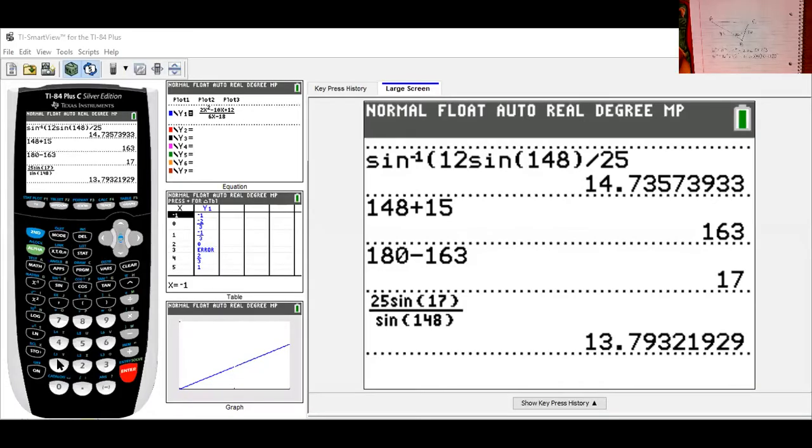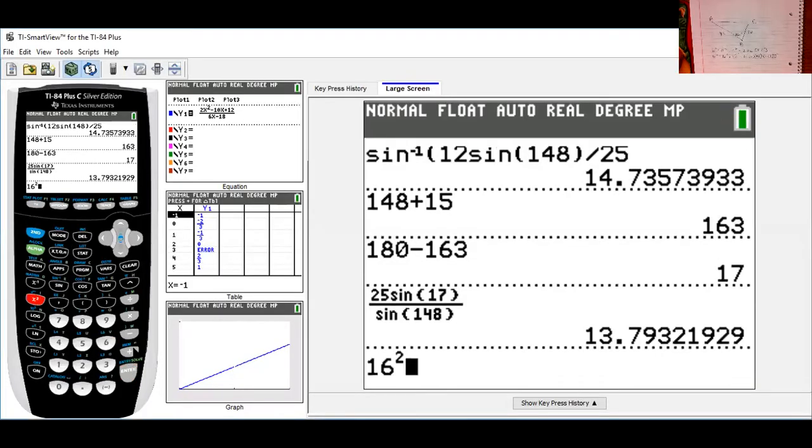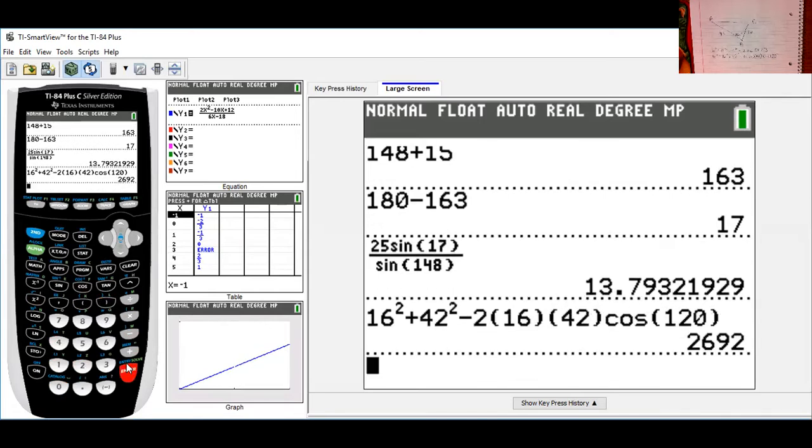So 16 squared plus 42 squared minus 2 times 16 times 42 times the cosine of 120. Again, this is going to give me B squared, so I do need to square root that.